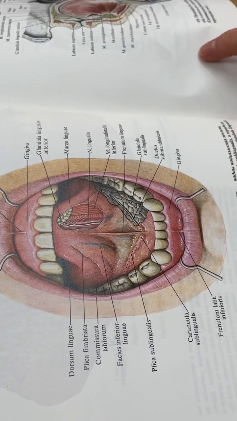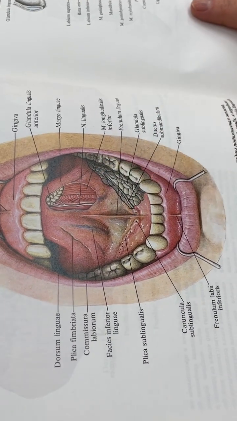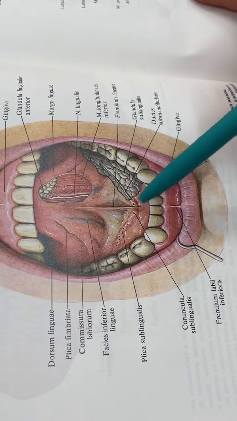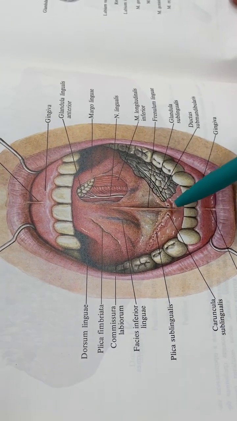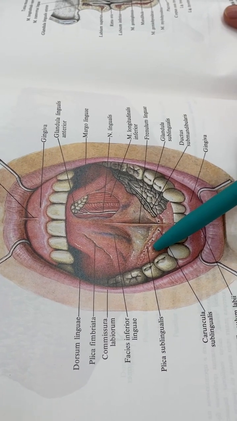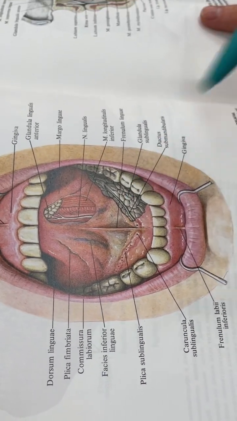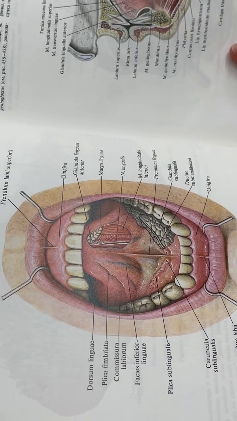Okay, so therefore what do we see under the tongue? It will be a frenulum of tongue, sublingual caruncles, or papilla, and then laterally to it we have sublingual folds, inside of which we will find the sublingual glands, what we can see over here.